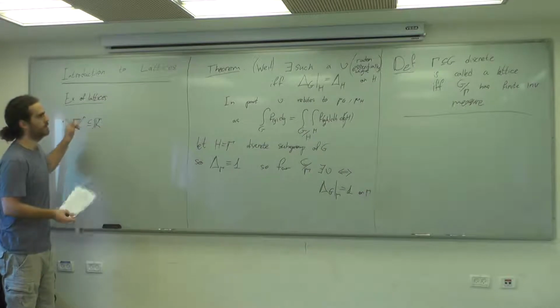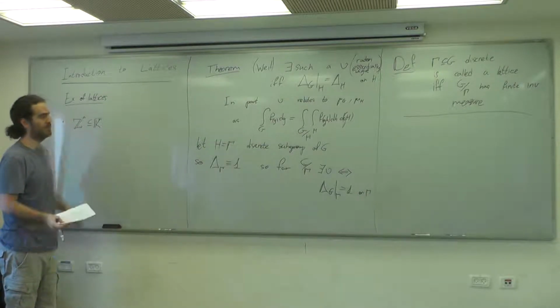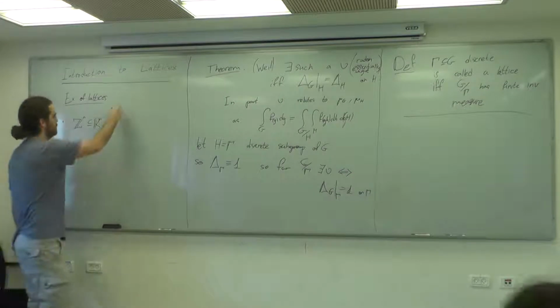R^n is abelian, so it's unimodular, it has an invariant measure, but you don't need all of that to prove it.